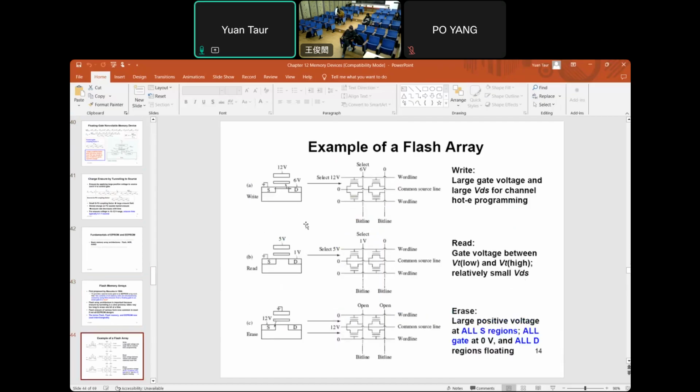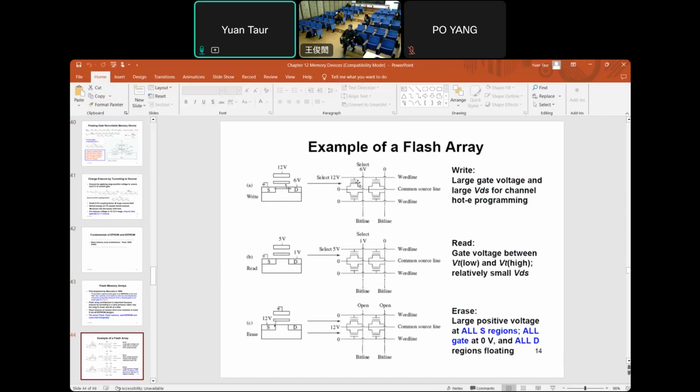So this shows the operation of a flash array. You can see that each one of those is a flash memory cell. Okay? It's got a control gate and the floating gate. Okay, so the first operation is write. Write means program. So for program, we apply, on the word line, a very high voltage, 12 volt.